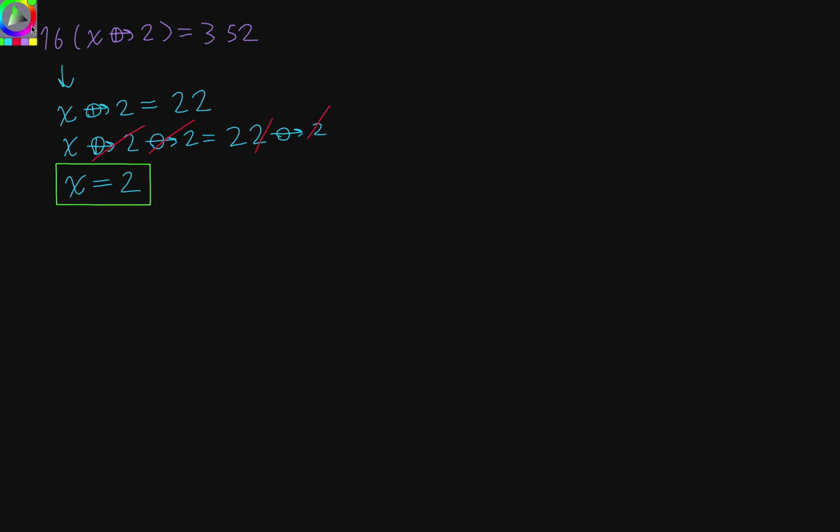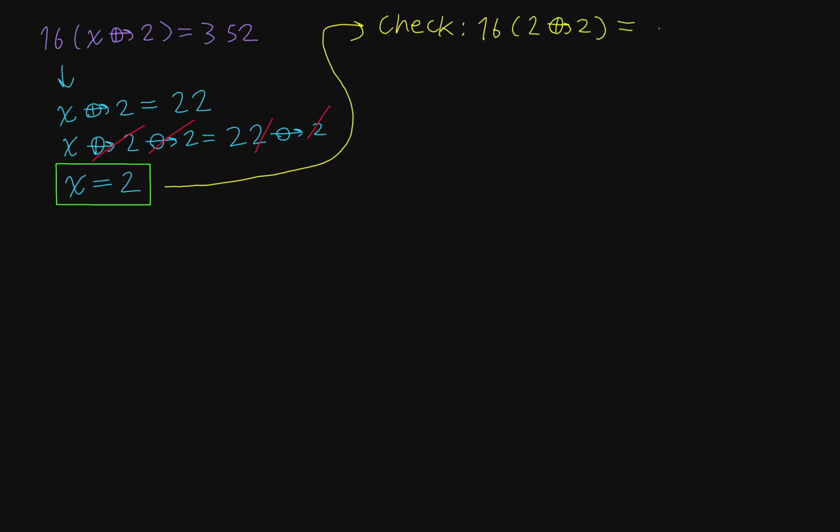Now, we also want to check our answer to make sure that this makes sense. So if we check, we're going to have that 16 times 2 concat 2, which is going to be equal to 16 times 22, which we know is of course equal to 352.